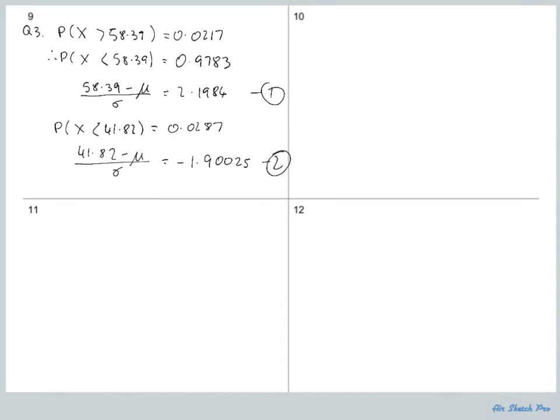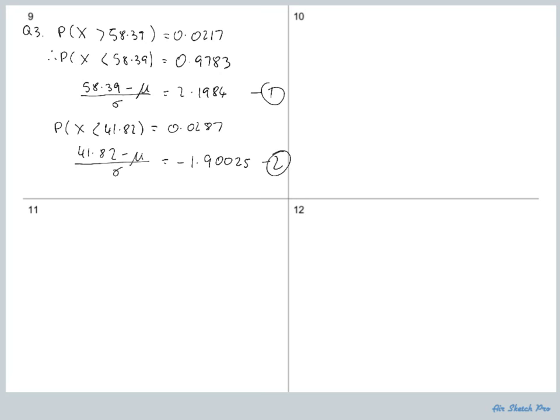Remember, I said X was going to be used for the mean, so minus X, close bracket, divided by Y, equals, where's the equals button?